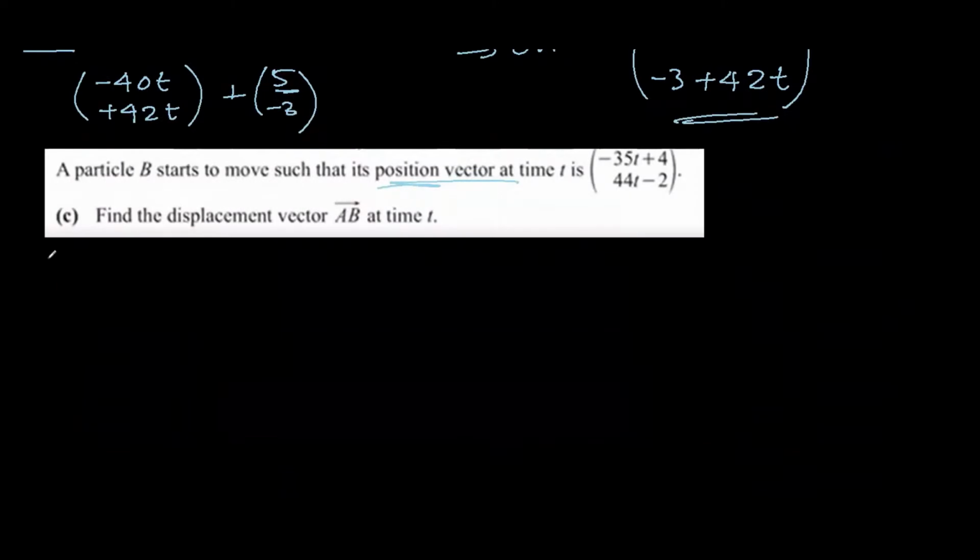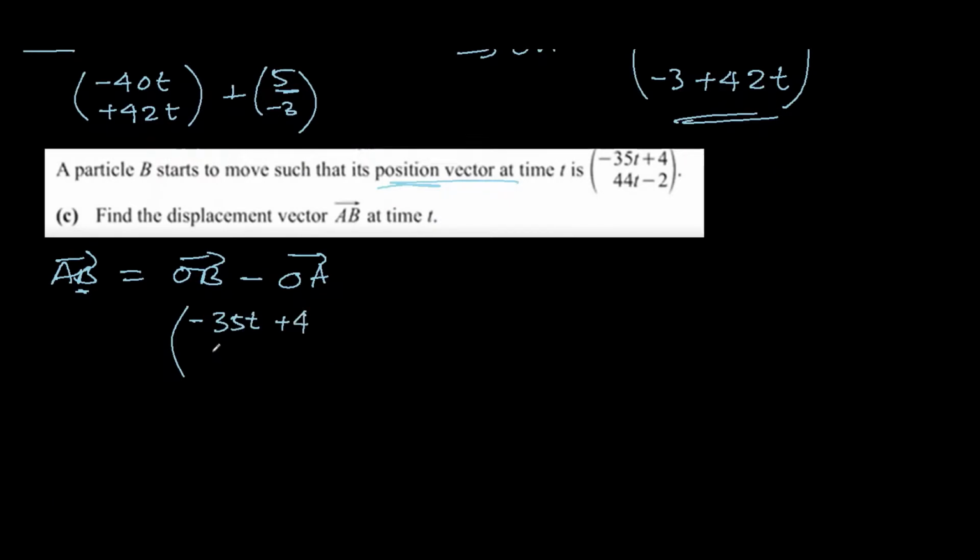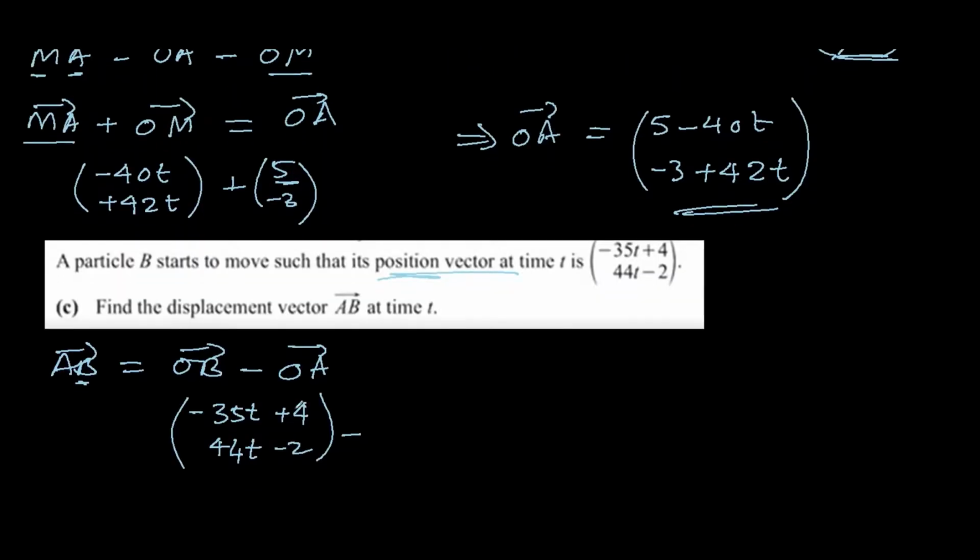AB, as we did earlier, will be the position vector of the head, OB, minus the position vector of A, OA. OB, they have given here, (-35t + 4, 44t - 2), minus OA, which we just found in the previous part, (5 - 40t, -3 + 42t).